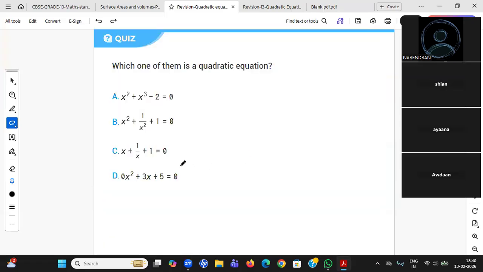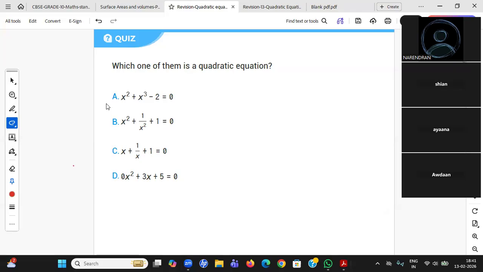Which one of them is a quadratic equation? Some students are giving answers. Yes, Maya, right answer. Harshini, right answer. Which one of them is a quadratic equation? Again, don't directly jump by looking at the powers. Do up to the last step and then you finalize which is the right answer. Narendran, I think you're right.